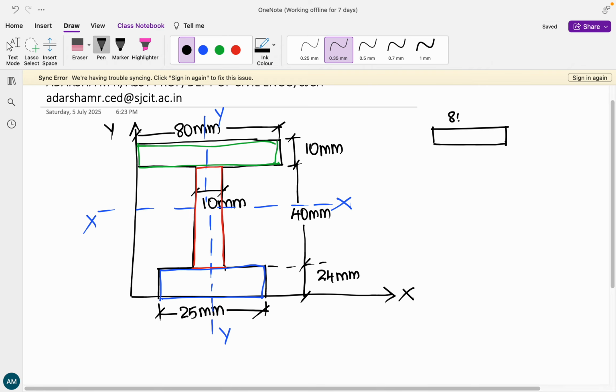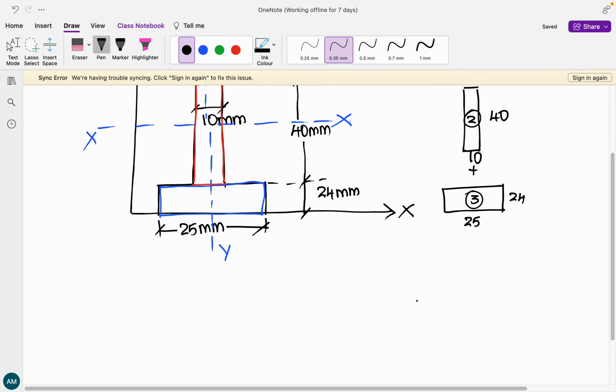The base breadth is 80, depth is 10. This is component 1. The breadth is 10, depth is 40. This is our component 2. The breadth is 25, depth is 24. This is going to be our component 3.